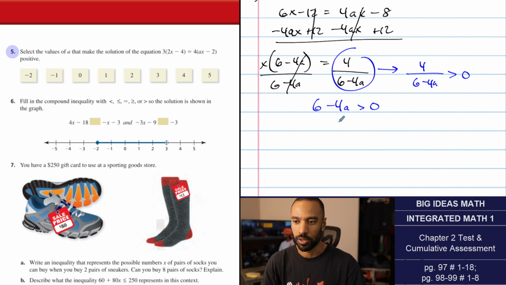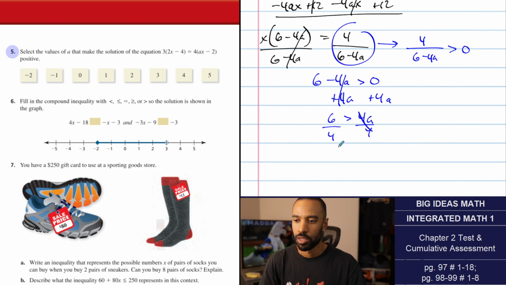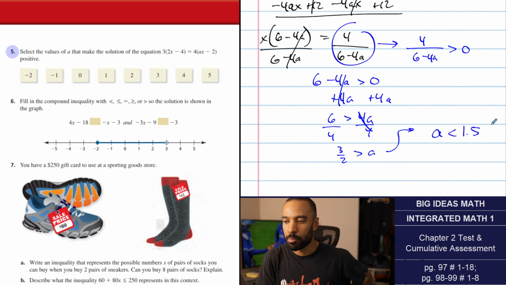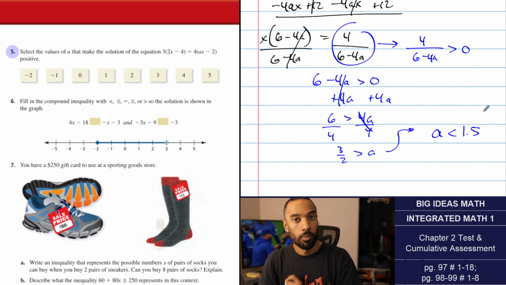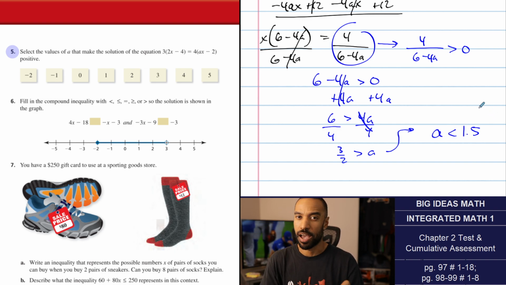Suddenly it turned into an inequality question. I'm going to add 4a to both sides and say that 6 has to be greater than 4a. Divide by 4. So 3 halves has to be greater than a. That's 1.5. So a has to be less than 1.5. If a is 1.5, you divide by 0.